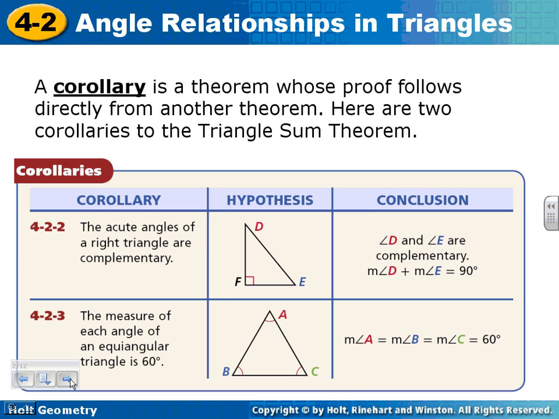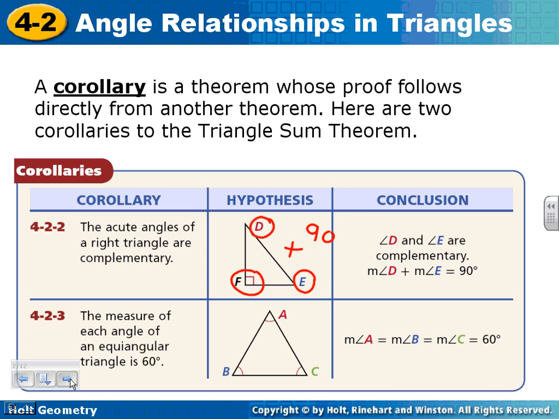In other words, we know right here angle F is 90. That means that D and F added together make the other 90, because 90 and 90 is my 180. So the other two angles in a right triangle add up to 90, which means complementary.